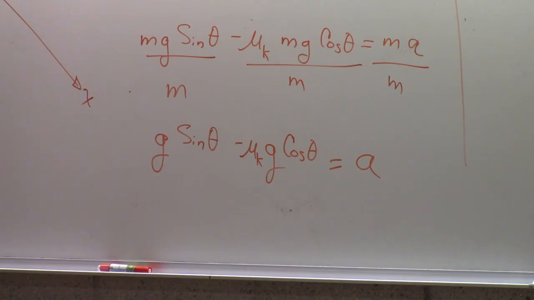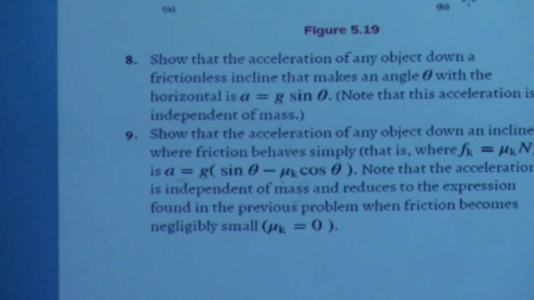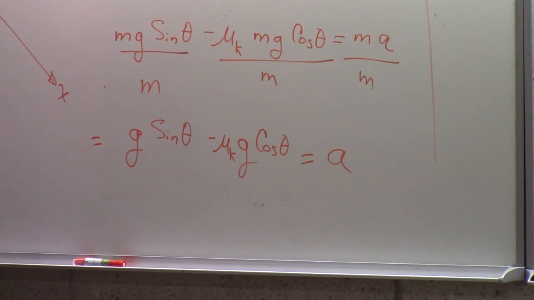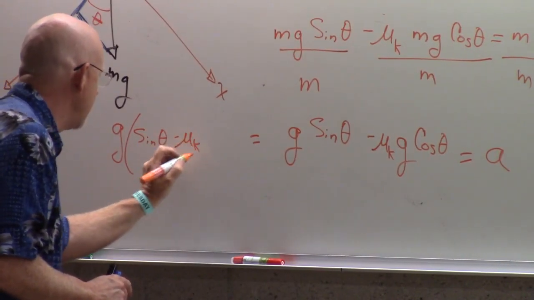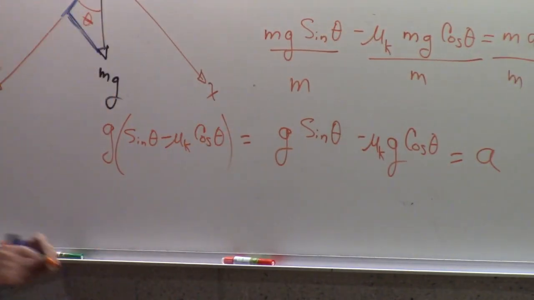Oh, they factored a g out. But that's g sine theta, and then that is mu g, so maybe I'll make their last step. Take a g out of each term, and then you're going to have sine theta minus mu k cosine theta. Yay!